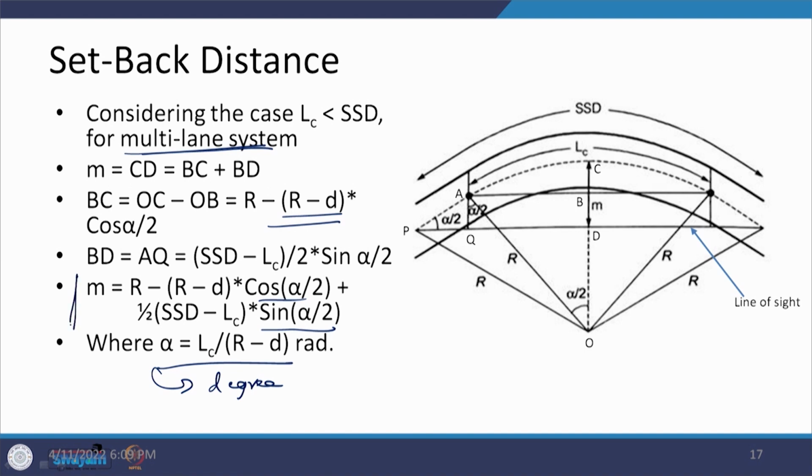So, in the case of multi lane system, m is going to be R minus D into cos of alpha by 2 plus half of SSD minus LC into sine of alpha by 2, where alpha is LC divided by R minus D.